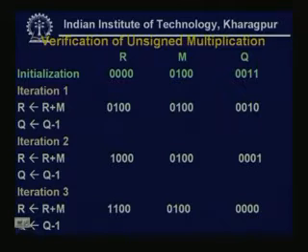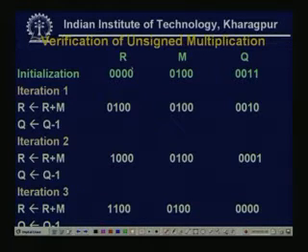Now, how do we verify? The second thing was to validate the flow algorithm by verification of unsigned multiplication. So, we have 3 registers R, M and Q, say these are 4 bit registers.